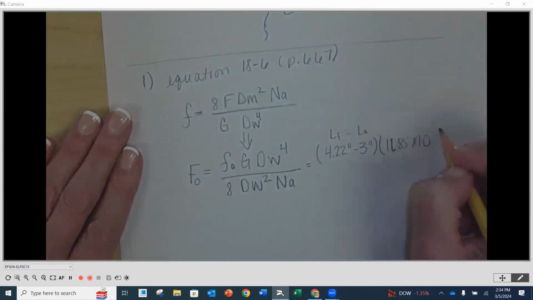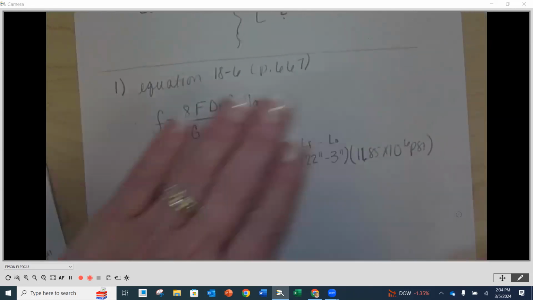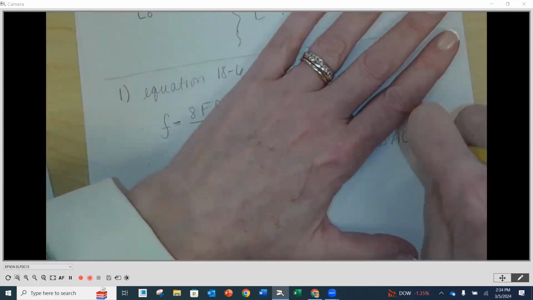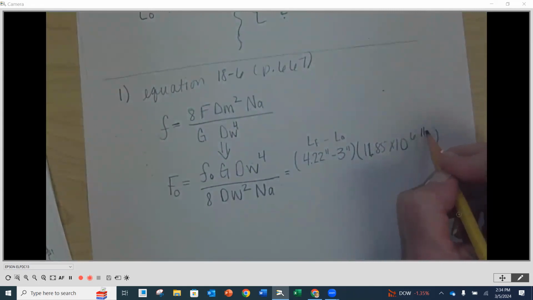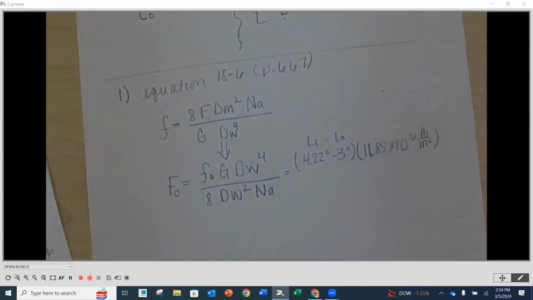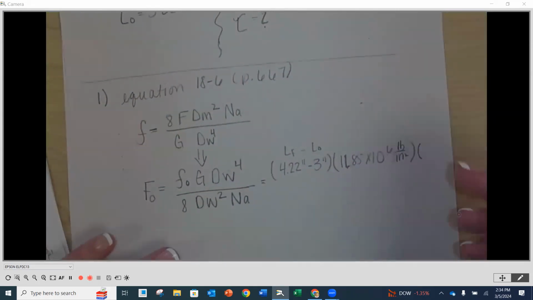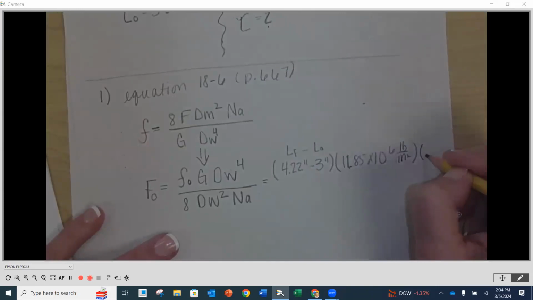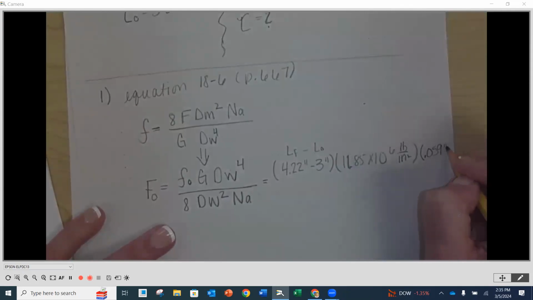11.85 times 10 to the 6th PSI. Okay. I've got to do pounds per square inch times my wire diameter, right? My wire diameter to the 4th, 0.059 inches, parentheses, to the 4th.